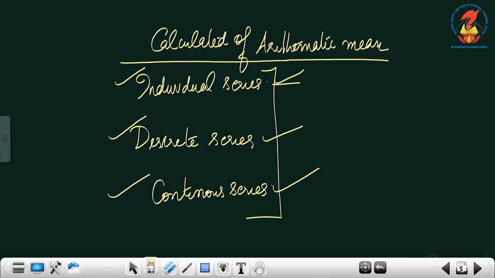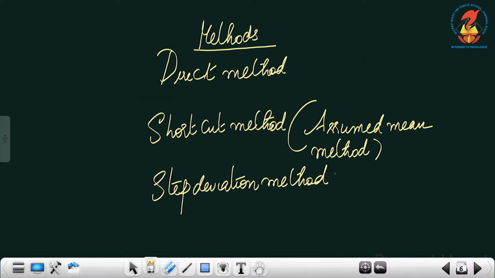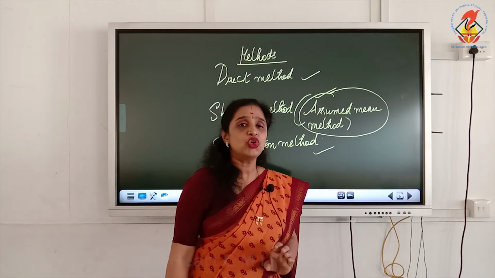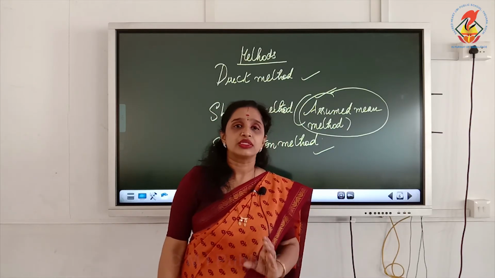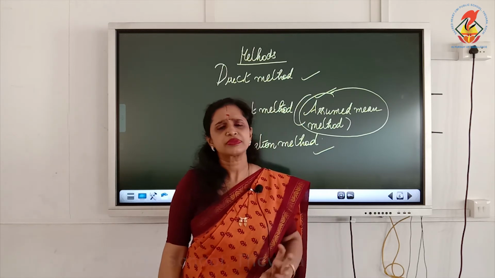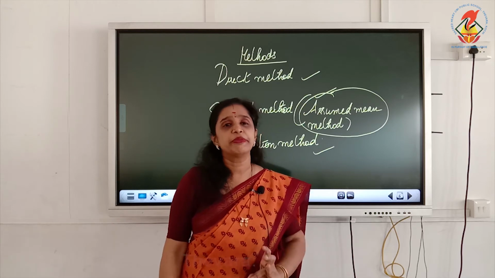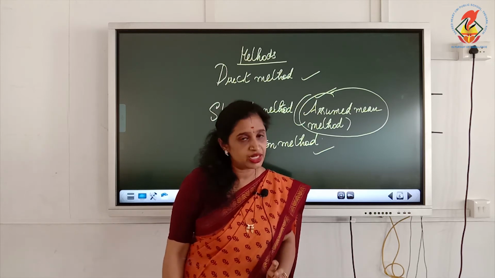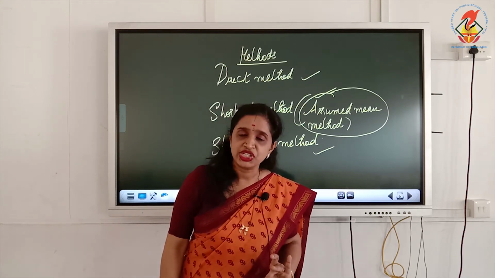So, the three methods that you have to learn are direct method, shortcut method which is also known as assumed mean method, and the next method is step deviation method. The first method is direct method. Second method is shortcut method or assumed mean method, and the last one is step deviation method.